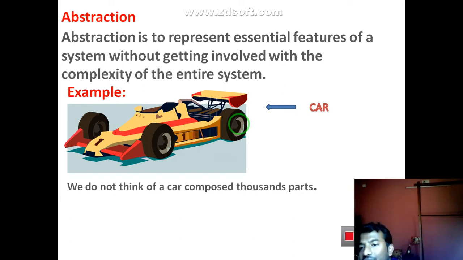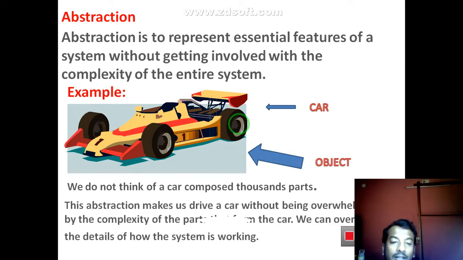These individual parts, when composed together, create a complete object that is called a car. So abstraction makes us able to drive a car without being overwhelmed by the complexity of the parts that form a car.